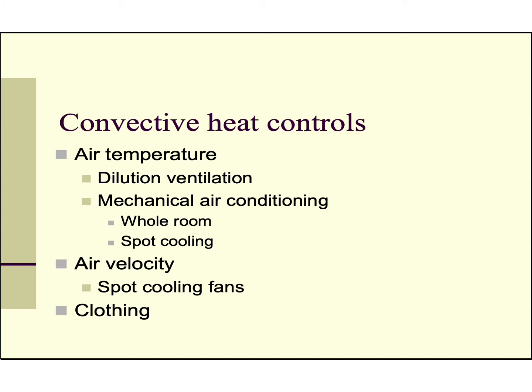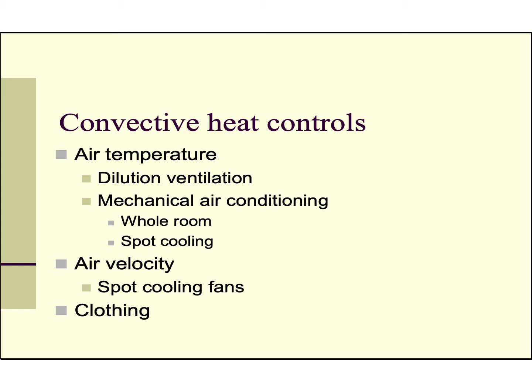The first one that comes to mind is the air temperature, which can be influenced by either dilution ventilation or by mechanical air conditioning. Dilution ventilation is used commonly where there's a very hot process like a furnace and the outside air is cool enough to bring the temperature down. Many processes these days use mechanical air conditioning, either for the whole room or sometimes just as a spot cooler right on the individual.